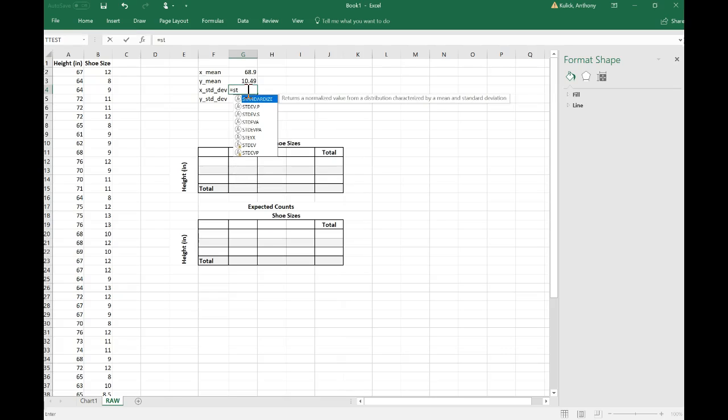And the one that we want to do for the sigma x, this is going to be the one that you want to use for yours, is this one, standard dev p. So this is the population rather than the sample. So we're going to do a population one.